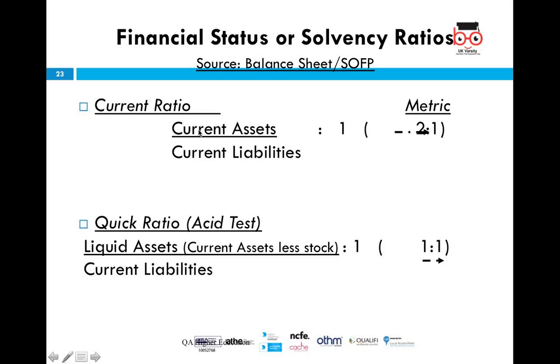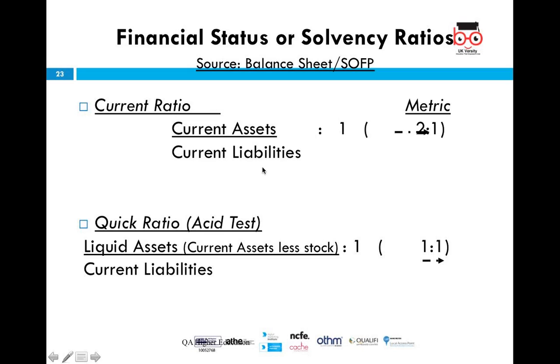For the quick ratio, we take the current assets and less the stock or inventory, and then you will get the quick ratio.